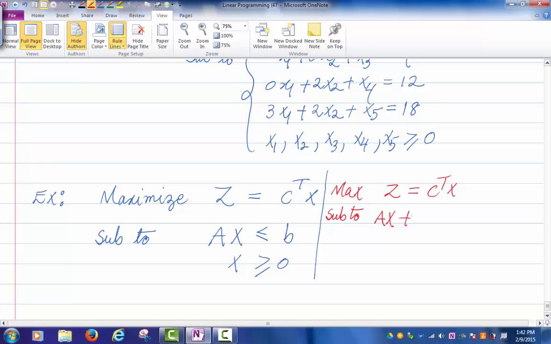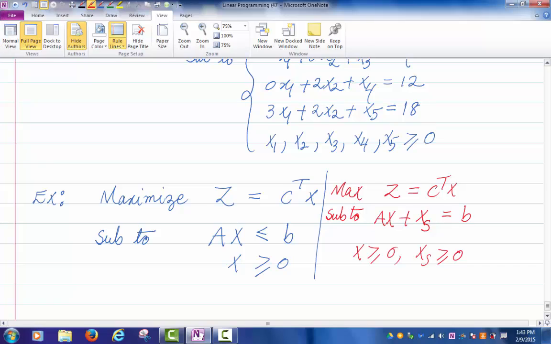You're adding a slack variable. Let xs denote the vector of slack variables. For each functional constraint, you have a slack variable, and xs is the vector of the slack variables. Then Ax plus xs equals b. And what are the constraints? We want x to be non-negative, and we also want xs to be non-negative. That's what we did.